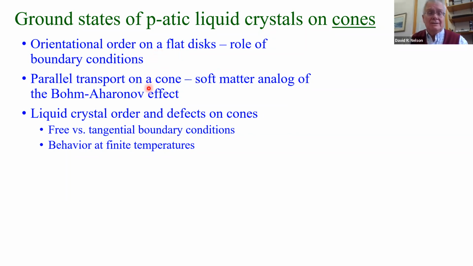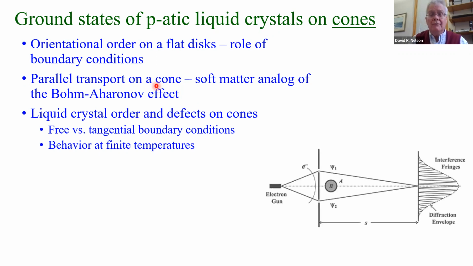So I'll talk about parallel transport on a cone and try to convince you that this is really the soft matter analog, with a cone, of the Aharonov-Bohm effect. Probably in your elementary physics courses you might remember that if electrons go on opposite sides of a solenoid, where the field is concentrated in a very thin cylinder, that's like the apex of a cone from the point of view of geometrical frustration.